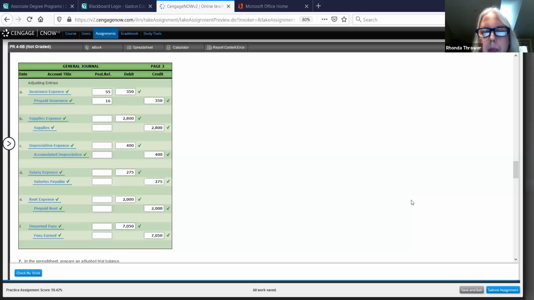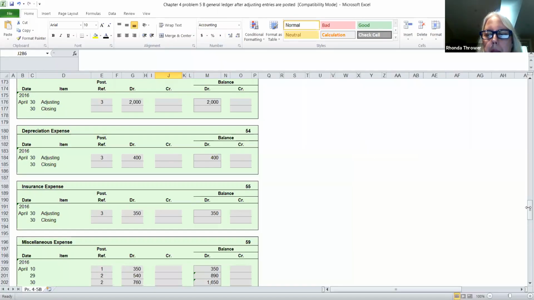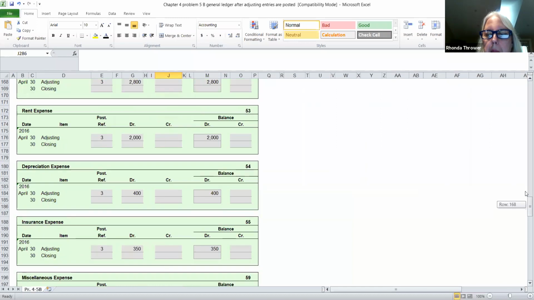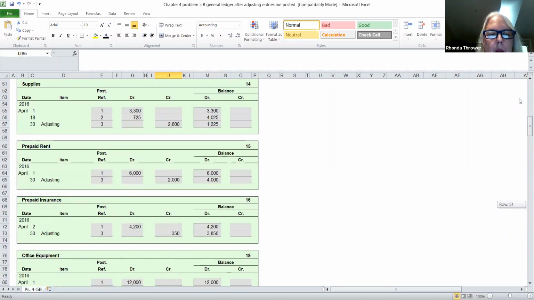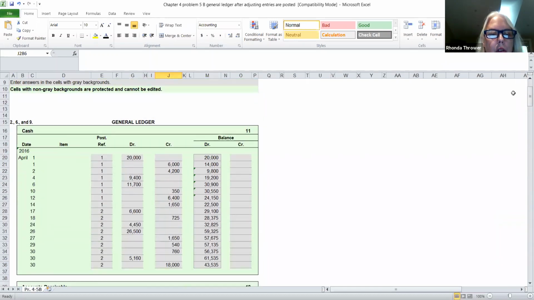Okay, now I'm going to share my screen with you so that you can see the recorded journal entries in Excel. So this is your general ledger.